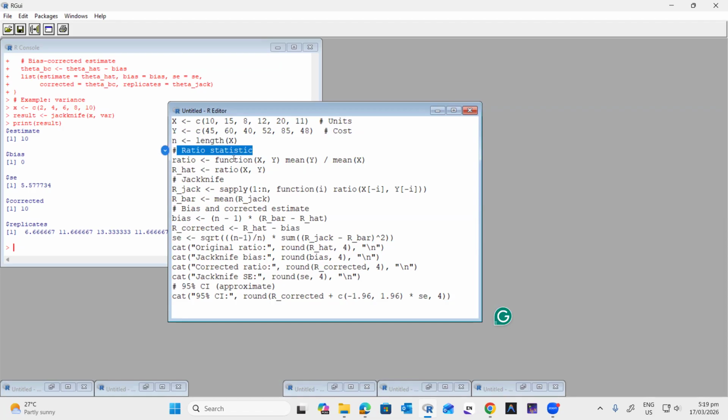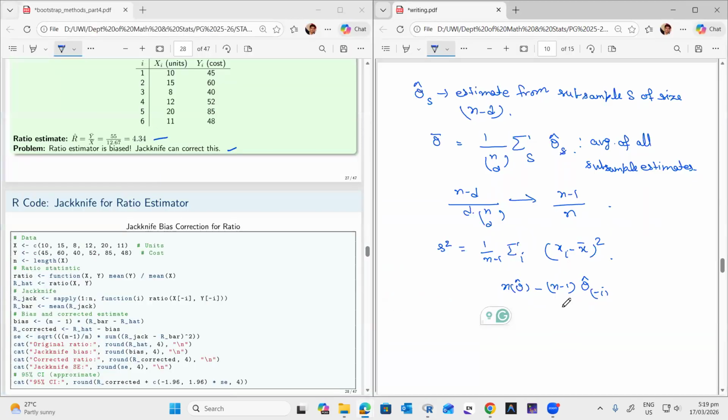For that, we create a function that returns the ratio of means, and in r hat we have the original ratio here. After that, we apply the jackknife method. Okay, so what is the jackknife method? I will just explain the jackknife for the ratio.